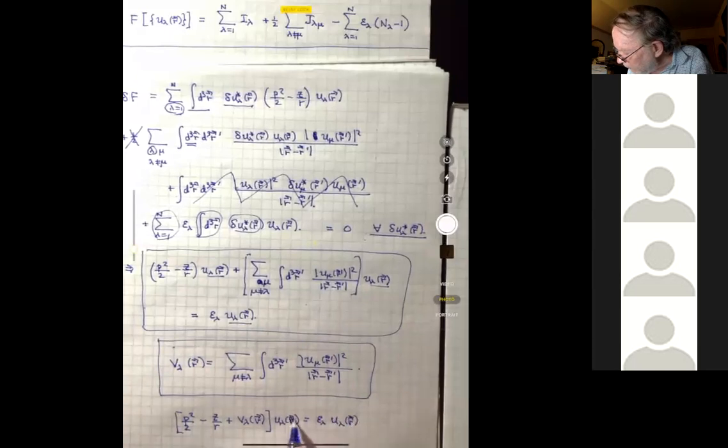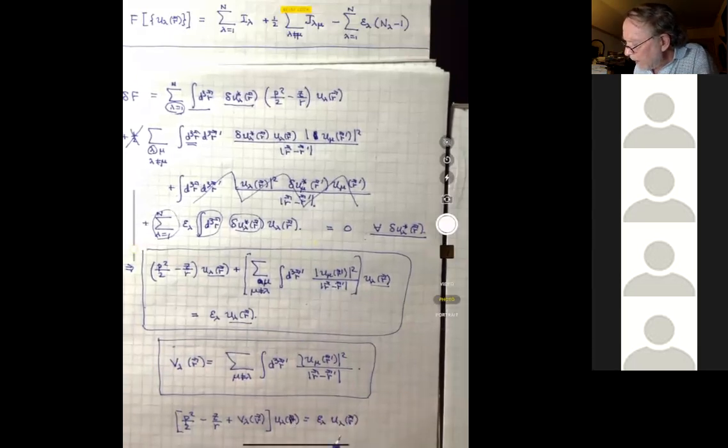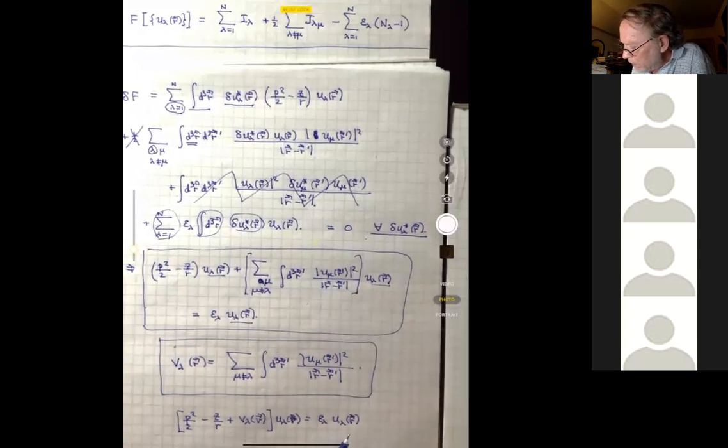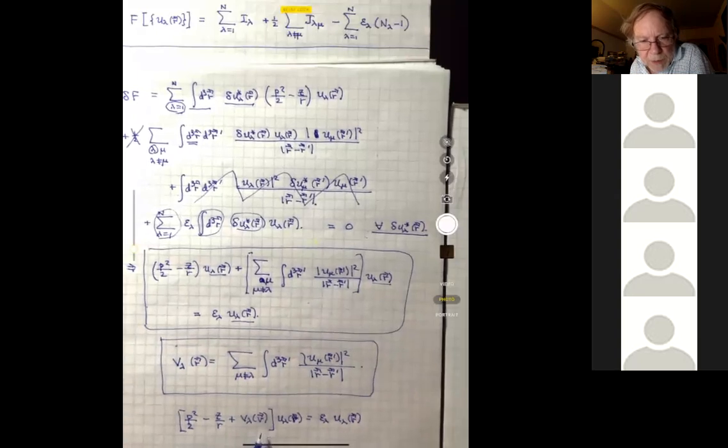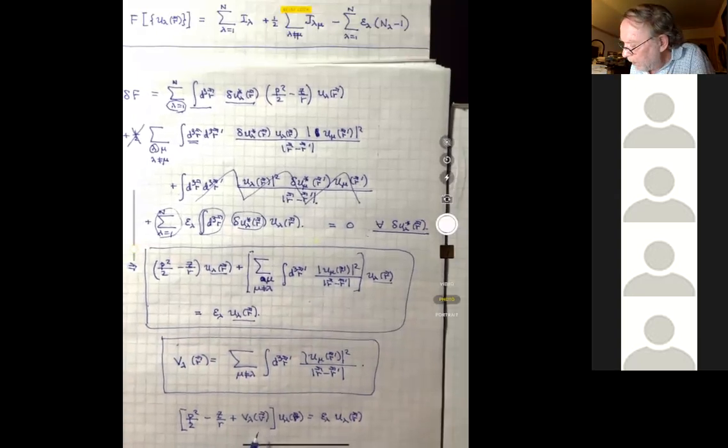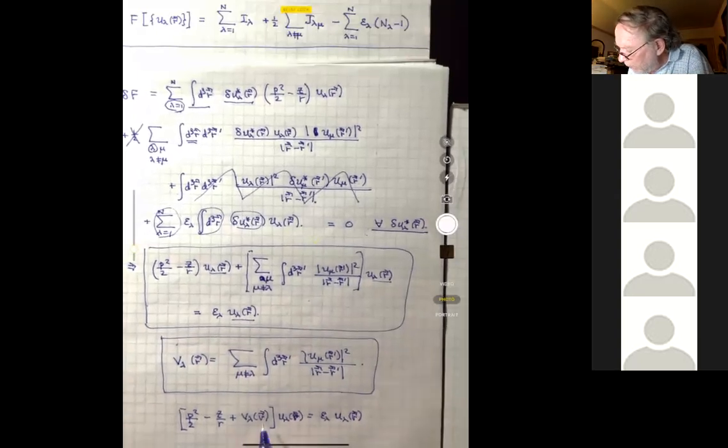So the u lambda of r is an eigenfunction of a single particle Hamiltonian, which is a kinetic plus potential Hamiltonian, in which the v lambda of r, part of the potential energy here, is physically the potential produced by the electron clouds of all the other electrons.